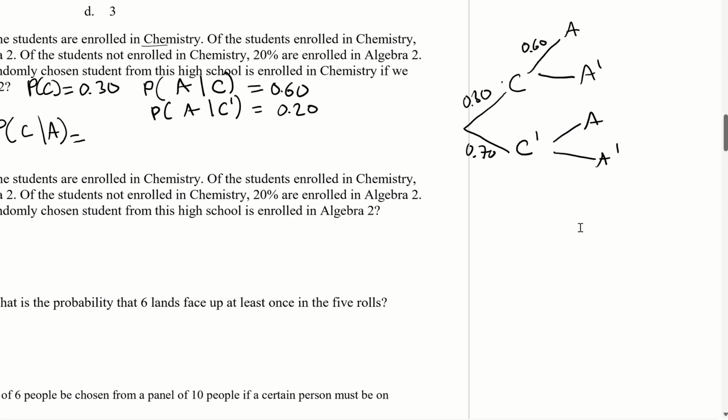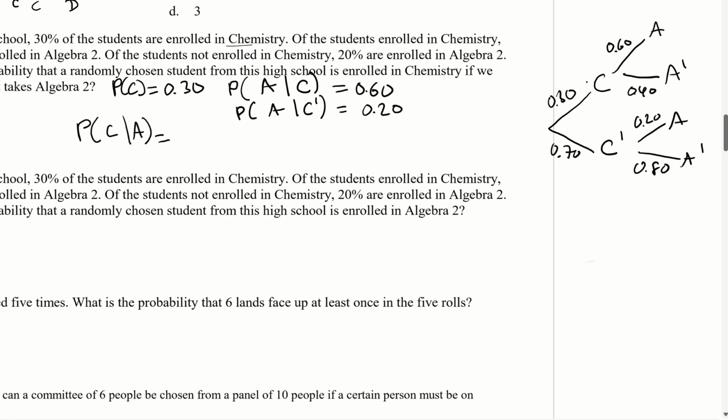And so the probability that they're not in Algebra 2 is 0.40 if they're in chemistry. Now, the probability that they're in Algebra 2 given that they're not in chemistry is 0.20, so then this has to be 0.80. Remember, these have to add up to 100% or 1.